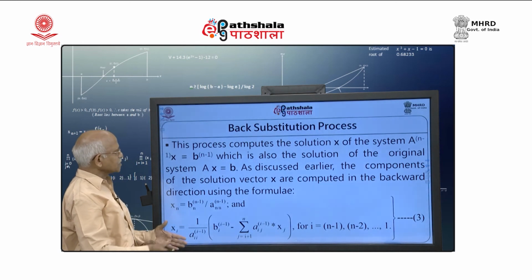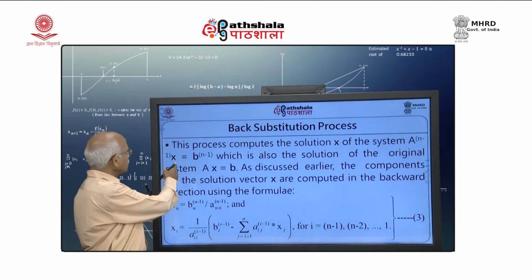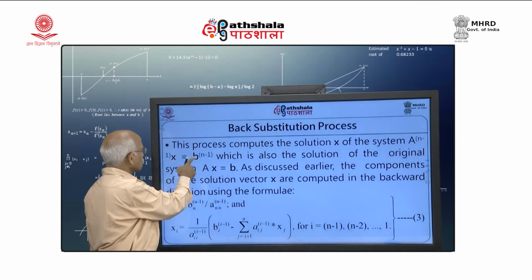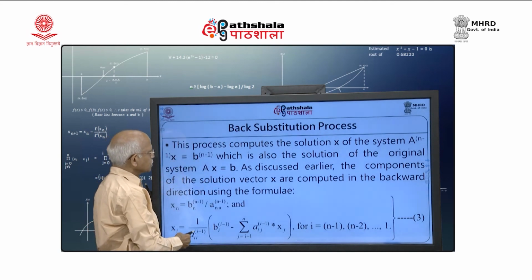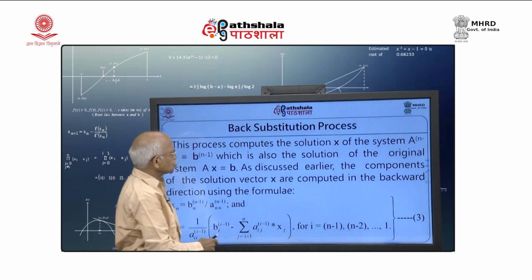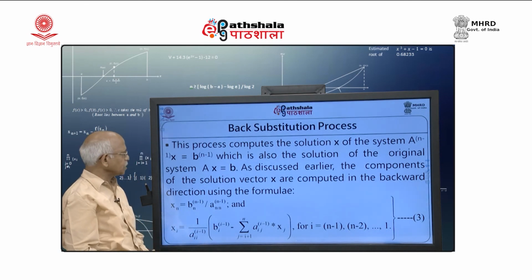And then your back substitution process begins. This process computes the solution of the system A^(n-1) x equal to B^(n-1), which is the last system that we get, and which is also the solution of the original system A x bar equal to B bar, because the solution does not change.